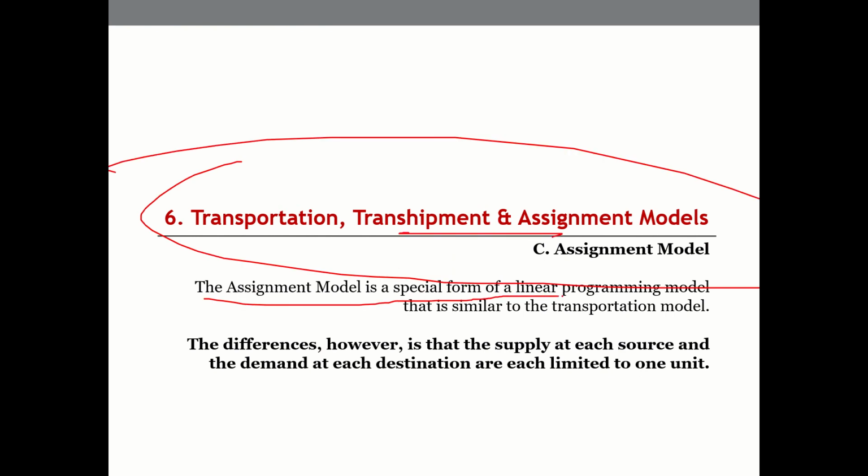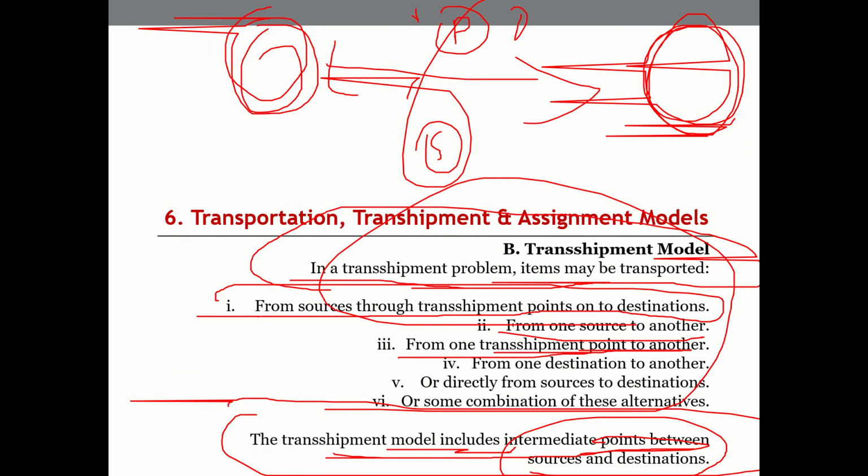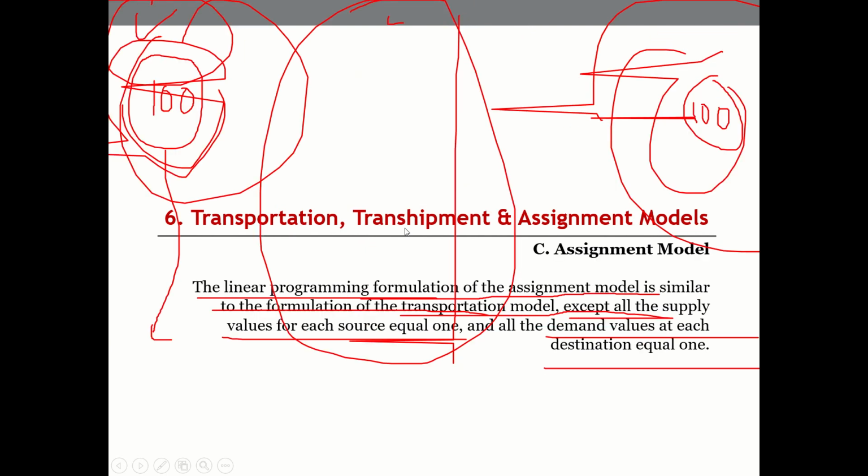The assignment model is a special form of linear programming model that is similar to the transportation model. The difference, however, is that the supply at each source and the demand at each destination equal one. I think it's the same thing, I put it again. Okay, so this is the theoretical understanding of what transportation is and how it impacts decisions, and what transshipment and the assignment model are.